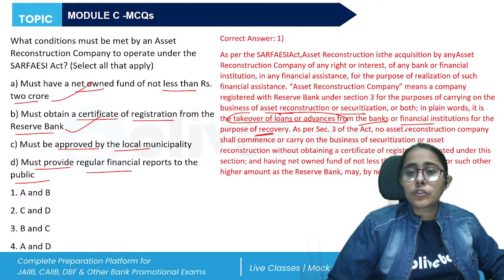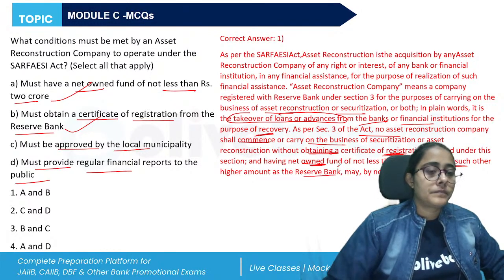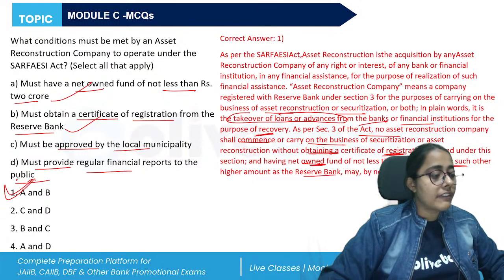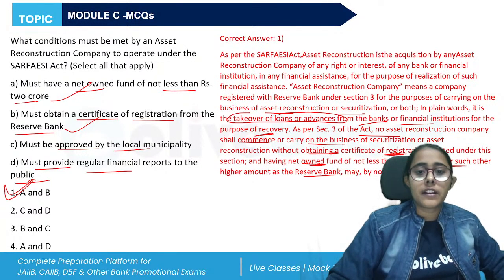Alright, so no ARC shall commence or carry on the business without obtaining a certificate of registration and their net owned funds should not be less than 2 crore as given by RBI. So A and B is correct. These are the conditions that if they meet, they can operate for the securitization and recovery of loans.